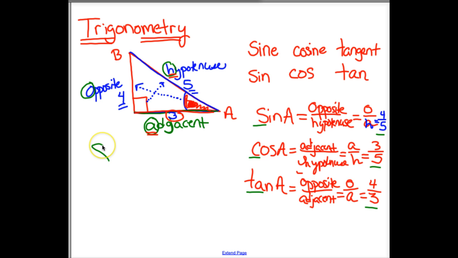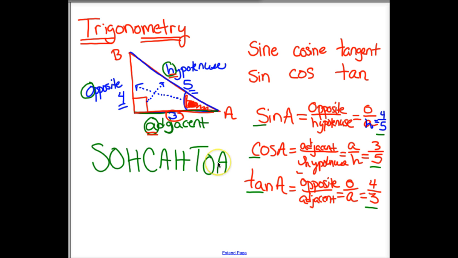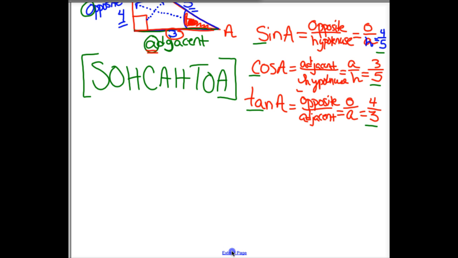We say sine is opposite over hypotenuse, cosine is adjacent over hypotenuse, and tangent is opposite over adjacent. If you have a brother or a sister in higher level math, or a parent who's proficient in higher levels of math, and you ask them what's SOHCAHTOA, I guarantee they'll know. It's a very common acronym in working with trigonometry.